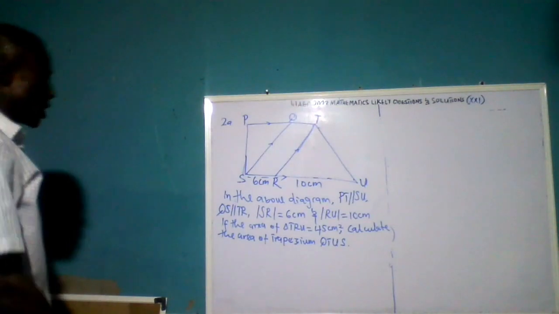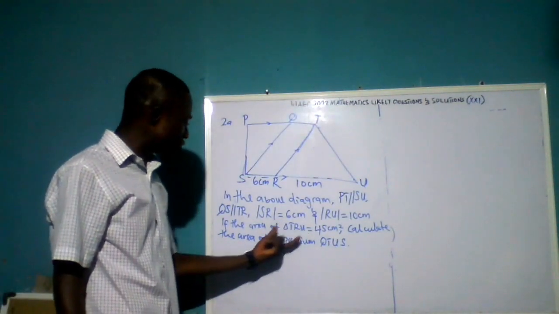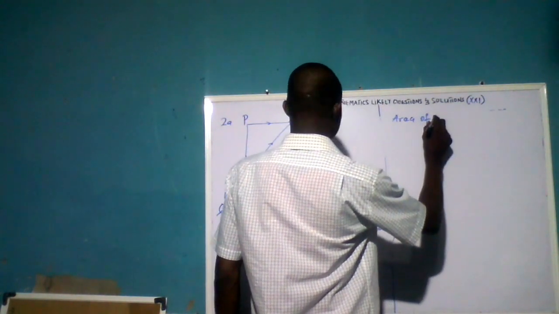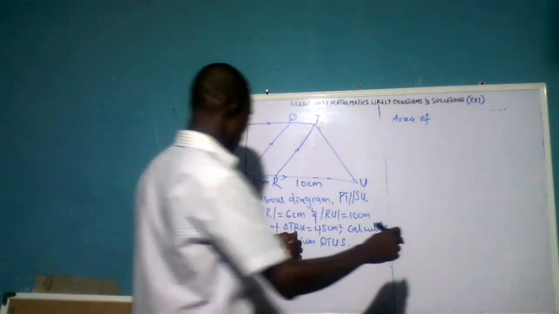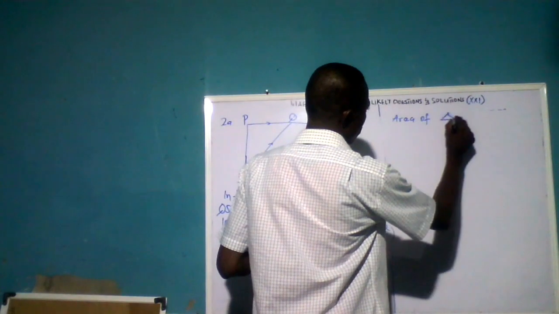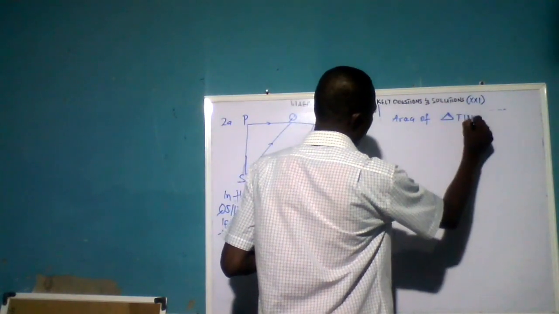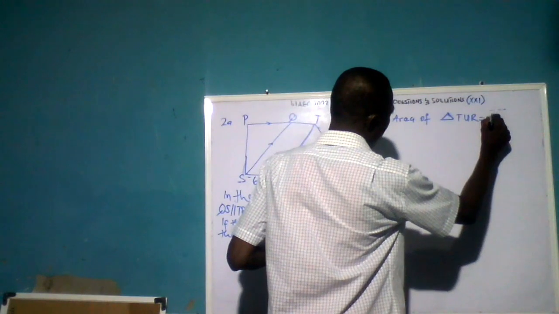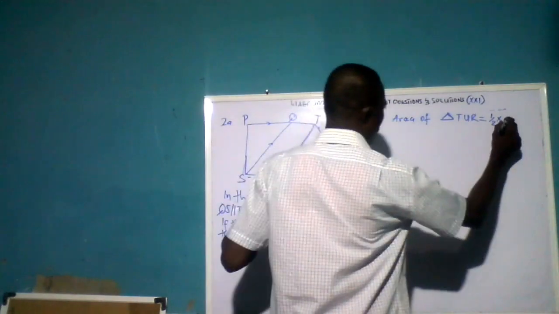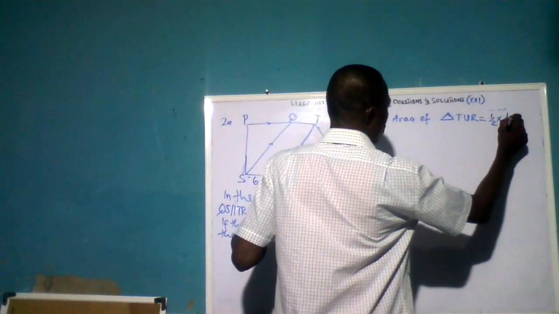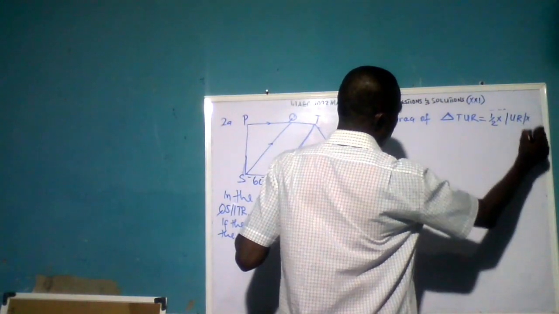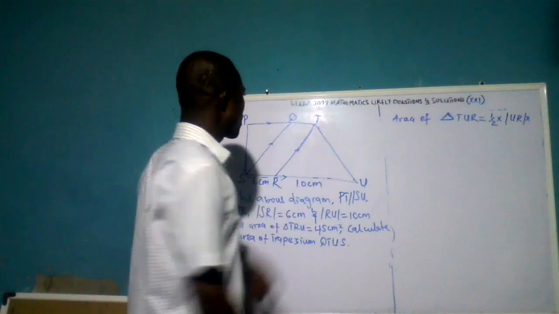Now, to start with, let's start with the information we are given in the question. We have that the area of triangle TUR is equal to half times base, which is UR, times height.